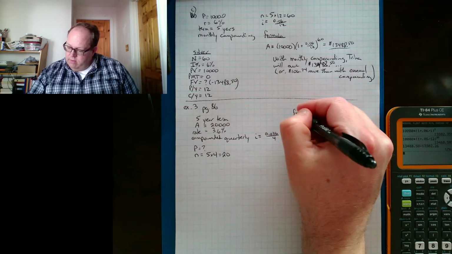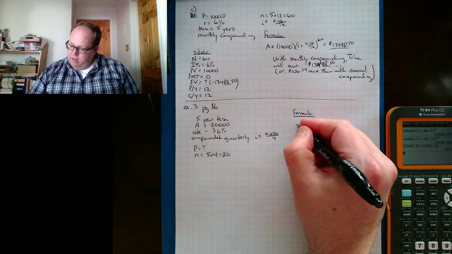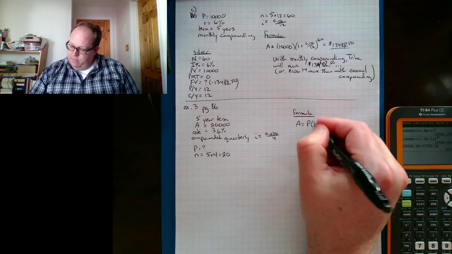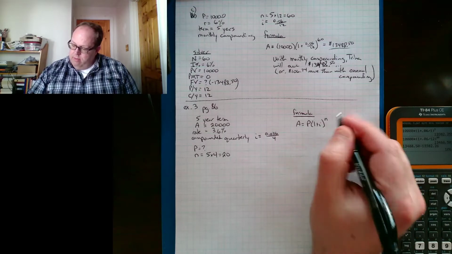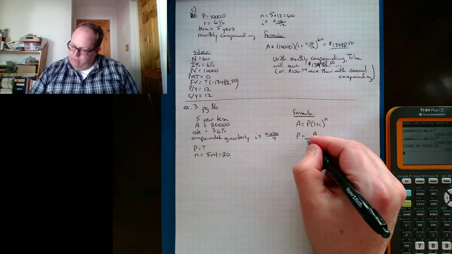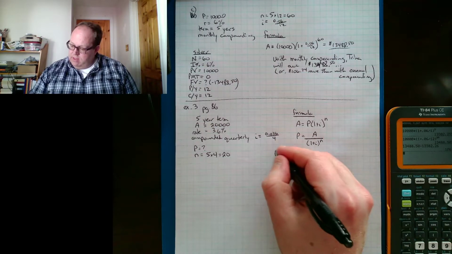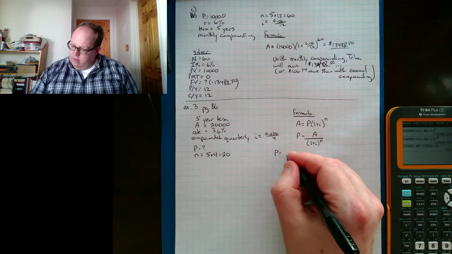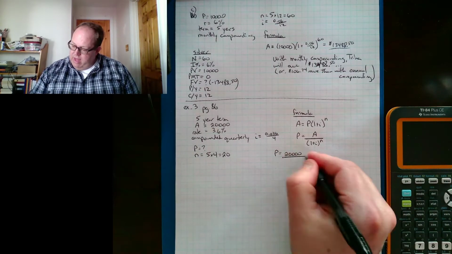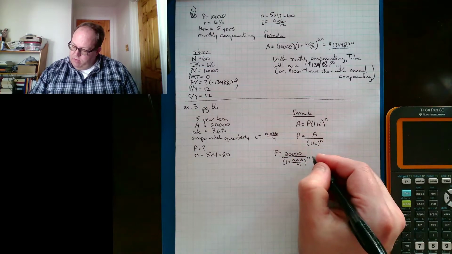Now, I might, for a quick run through, just use the formula for this one. My formula is rearranged for A, but it's not too bad to rearrange it for P. So in this case, that's going to be 20,000 divided by 1 plus decimal 0.36 over 4 raised to the power of 20.